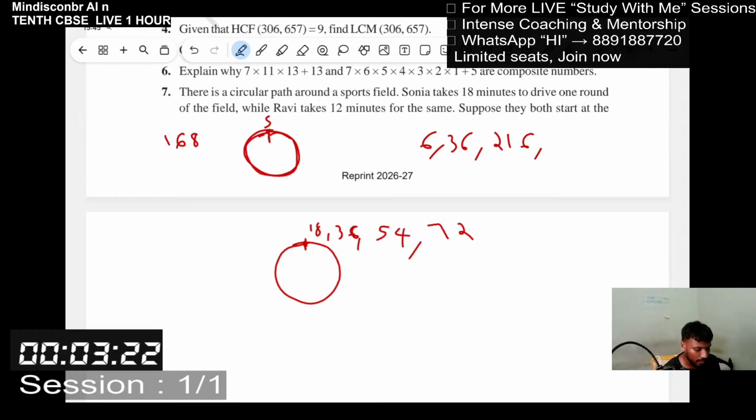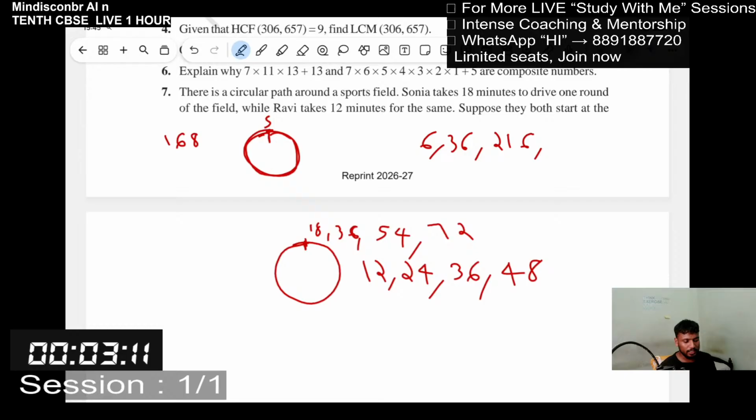In the same time, Ravi first takes 12 minutes, then the next rotation a total of 24, then 36, then 48. So these are multiples: 18 into 1, 18 into 2, 18 into 3, and 12 into 1, 12 into 2, 12 into 3, and so on. So we have to find when these two times will be the same, so we have to find the LCM of these two numbers.